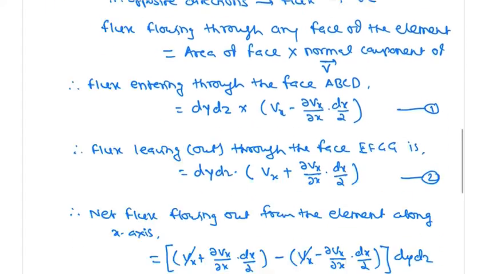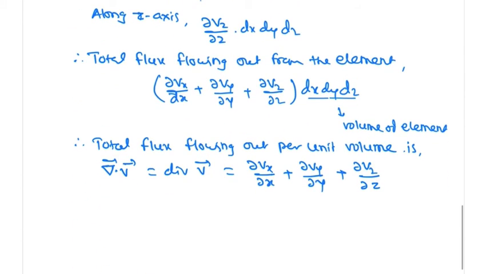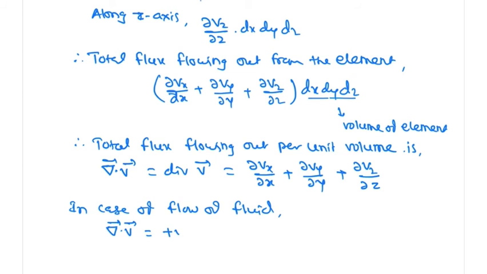Now, suppose we consider the flow of a fluid, and we choose a point in the fluid and suppose the divergence of the vector point function is positive at that point.